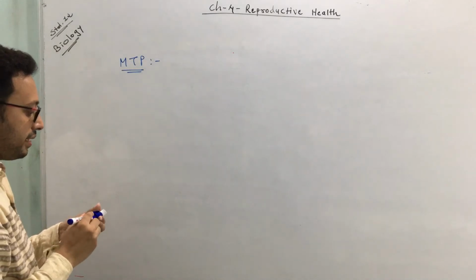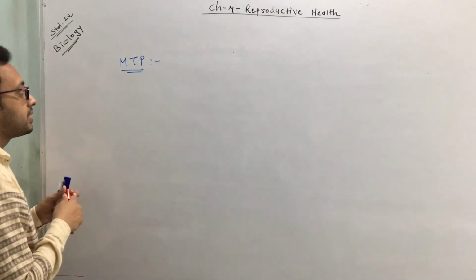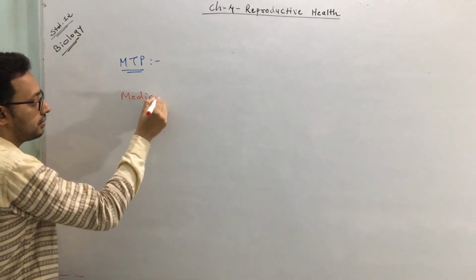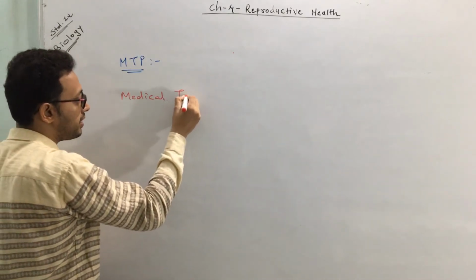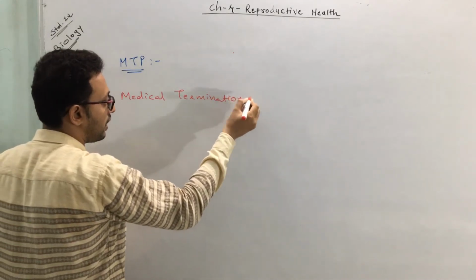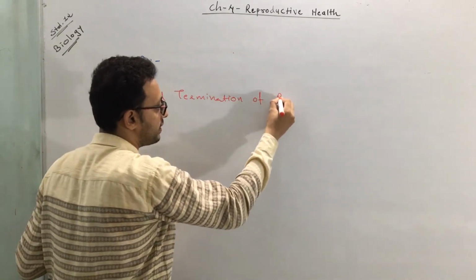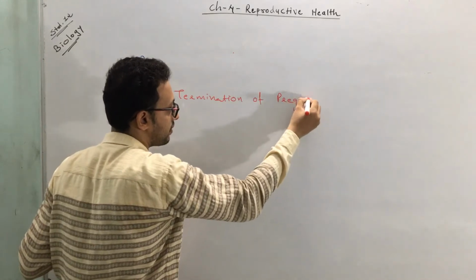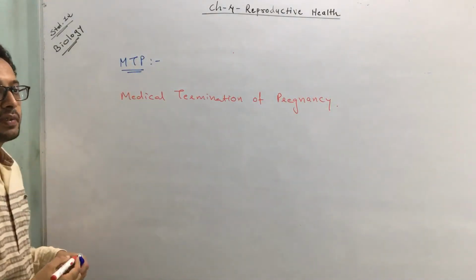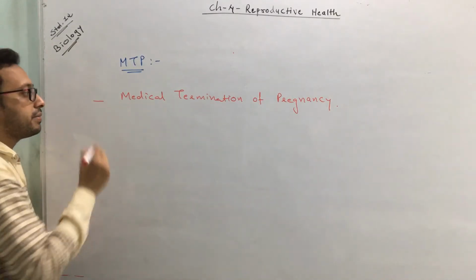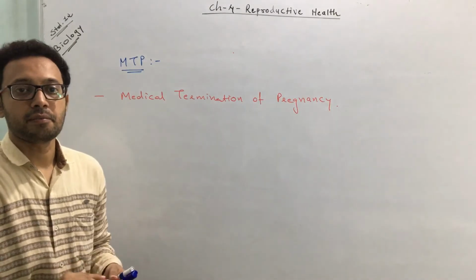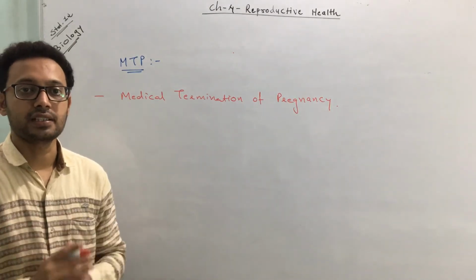What is MTP? MTP means, M means medical, T means termination, and P means pregnancy. Okay, so the full form of MTP is medical termination of pregnancy.